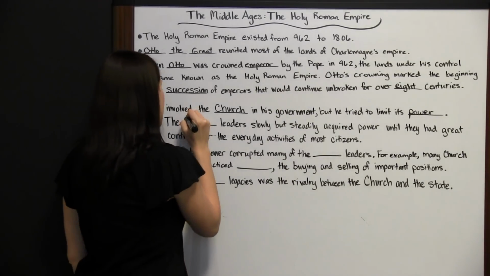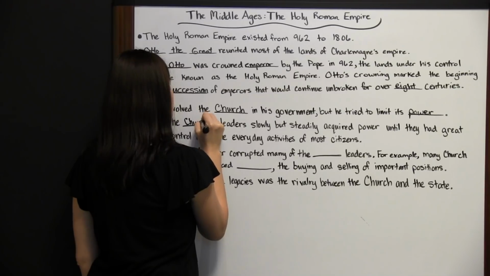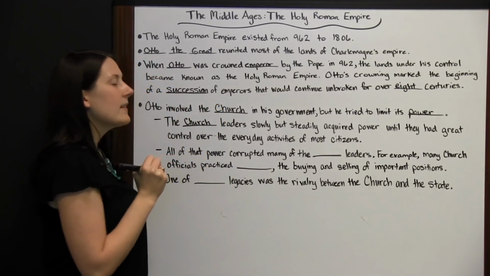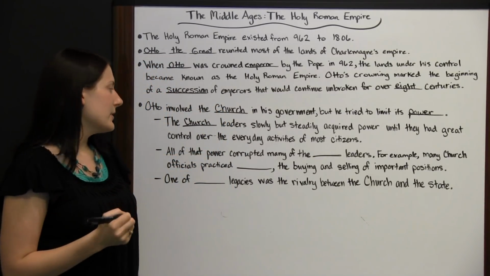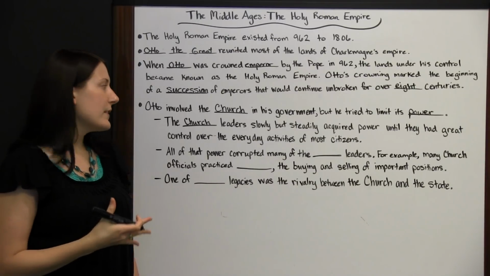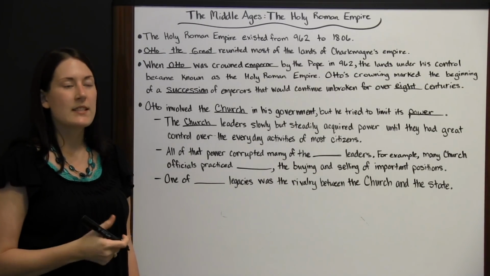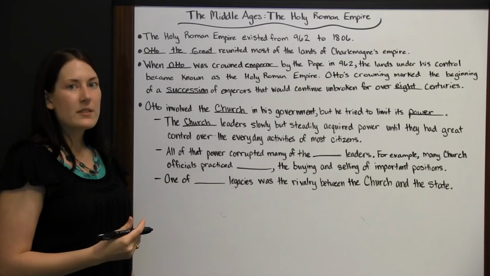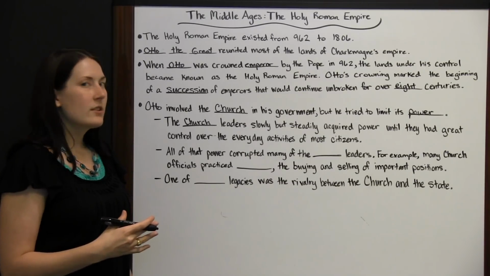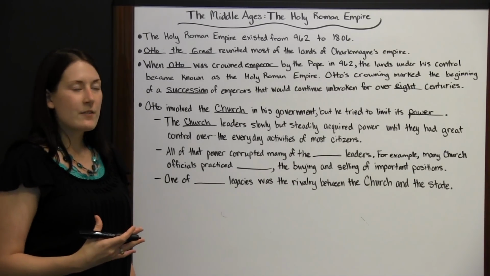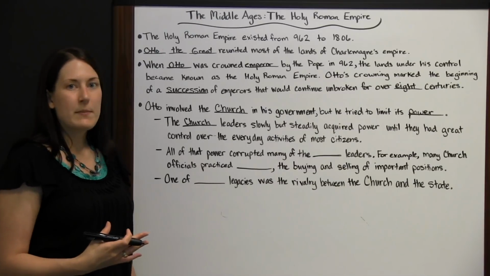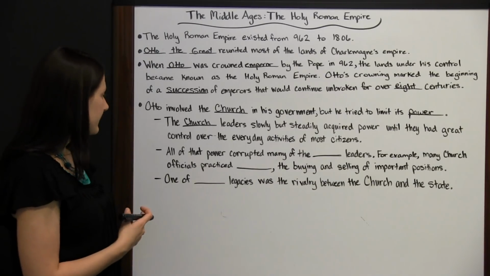And the church leaders slowly but steadily acquired power until they had great control over even the everyday activities of most citizens. So Otto was still the emperor, but the church leaders had a lot of the power, and they were the ones making a lot of the rules.